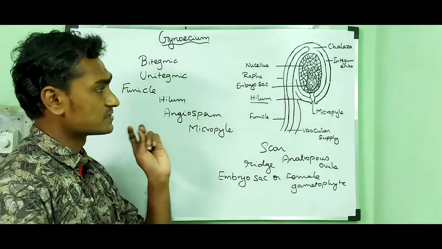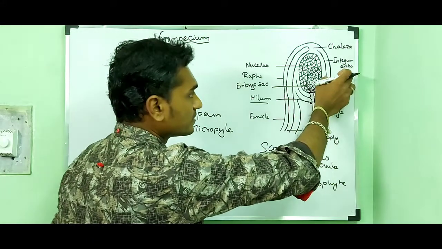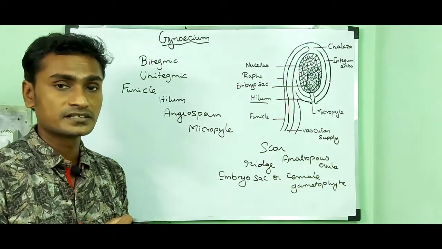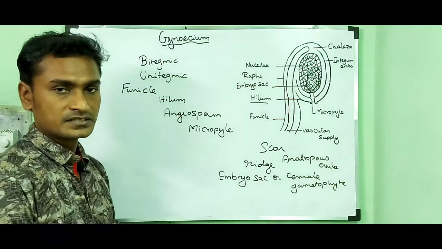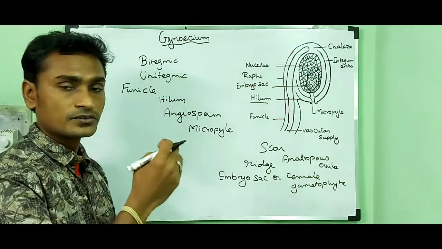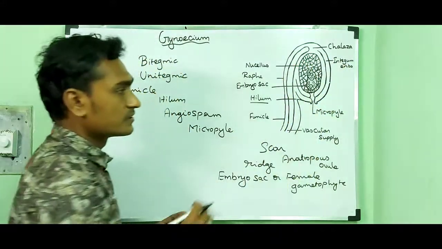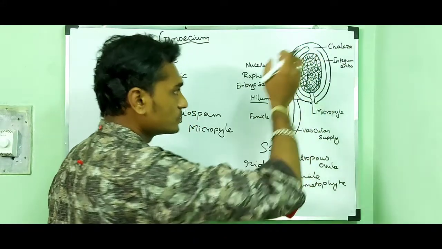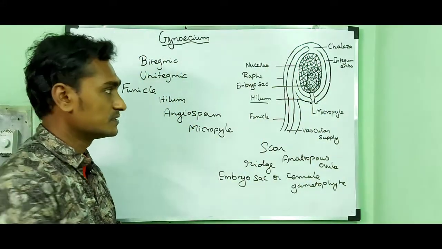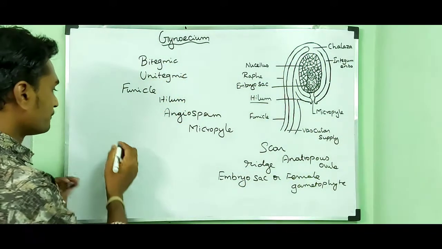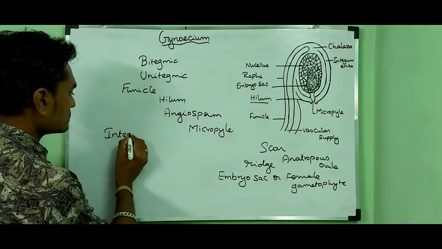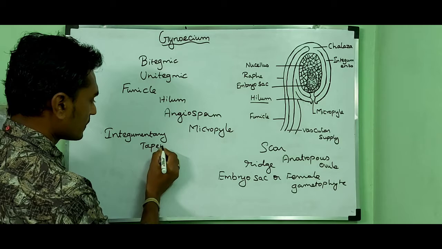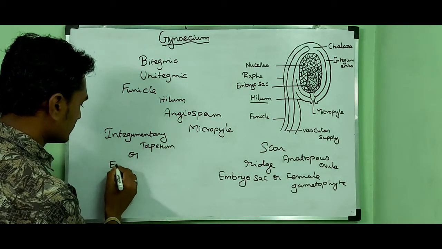Then in some species, the inner integument becomes a specialized nutritive layer to the developing embryo sac, providing it with nutrition. That is why that integument is said to be the integumentary tapetum, or endothelium.